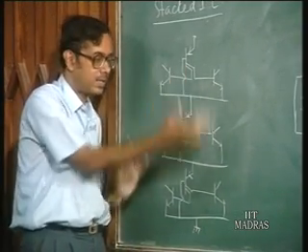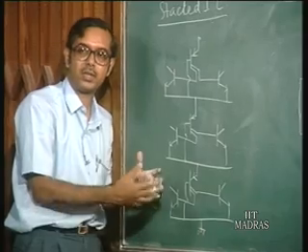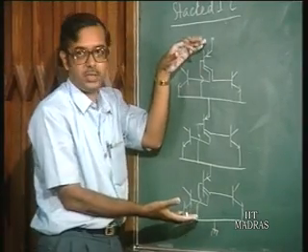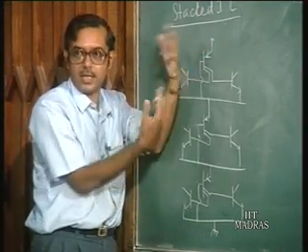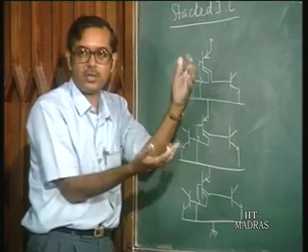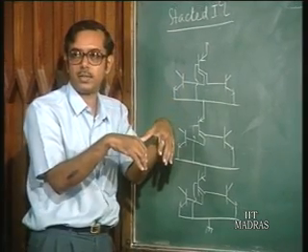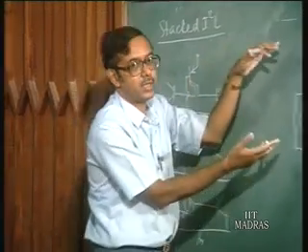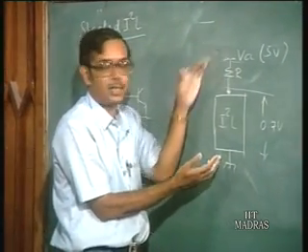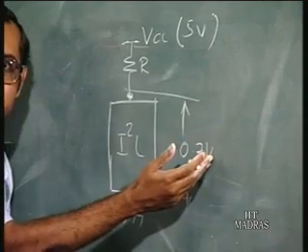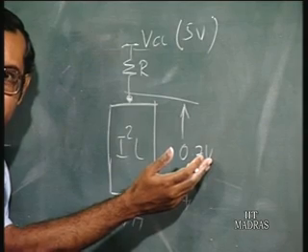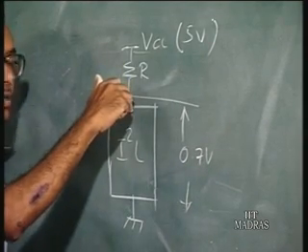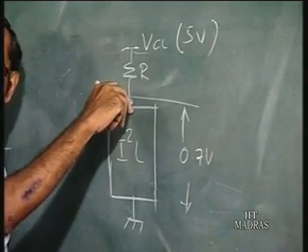So, you are consuming the same power, but the total voltage drop across this circuitry has increased 3-fold, and the current has reduced by 1/3. Now, if you go back to this model which we have here, the voltage has gone up to 2.1 volts instead of 0.7 volts, and the current being drawn here is 1/3.